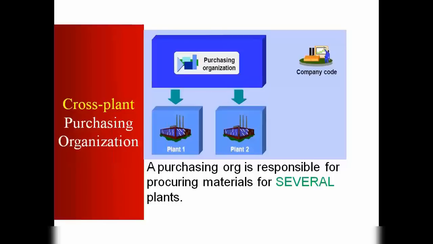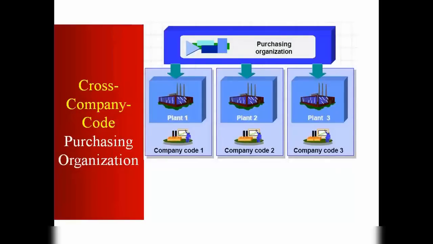And then we have cross company code purchasing organization. Same as the previous example where the purchasing organization is common for the plants, but those plants can belong to different company codes. For example, one plant in Australia, one in Canada, one in the US. All three of them belong to the same purchasing organization.